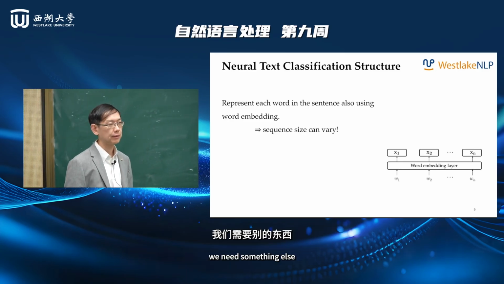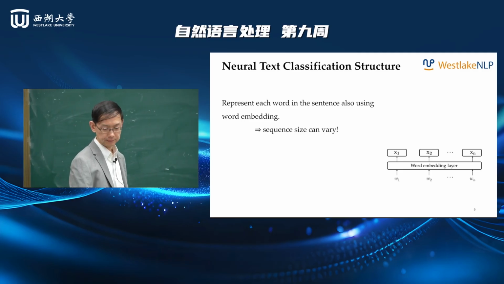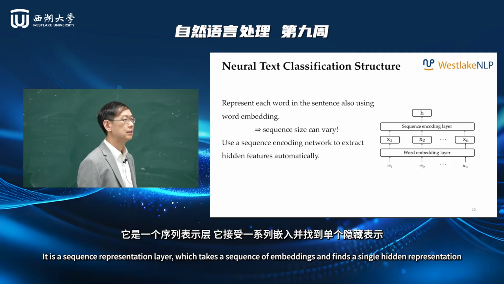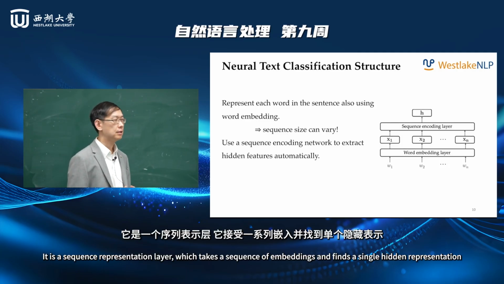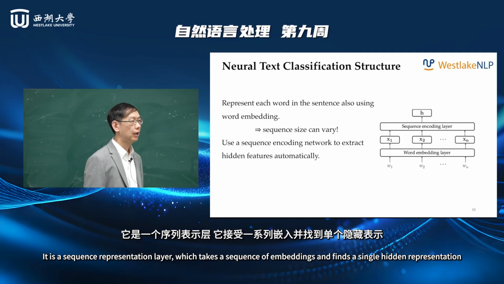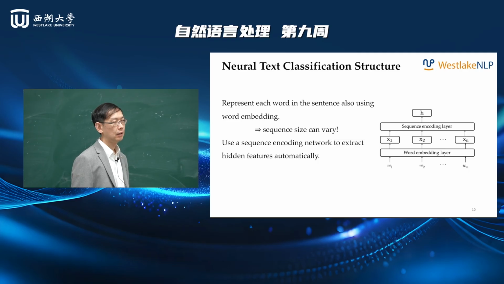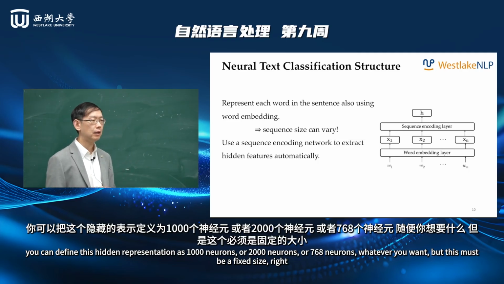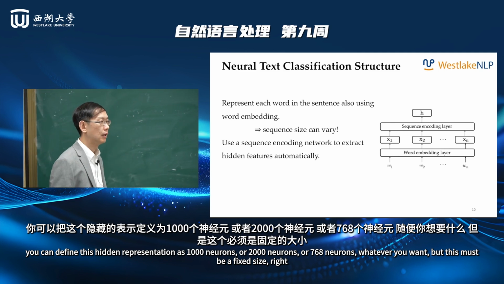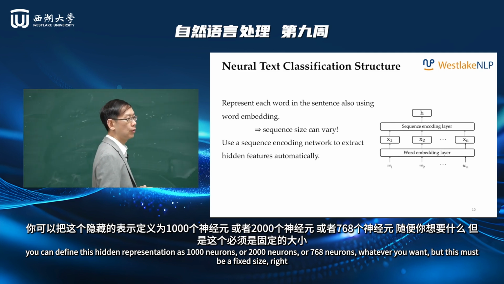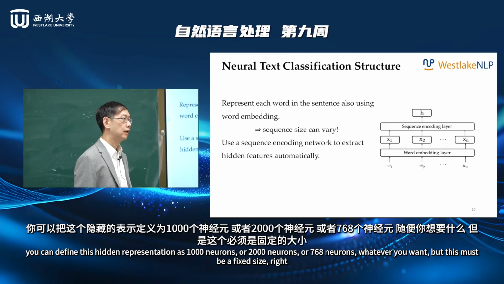So we need something else. What is this something else? It is a sequence representation layer which takes a sequence of embeddings and finds a single hidden representation. You can define this hidden representation as 1,000 neurons, or 2,000 neurons, or 768 neurons, whatever you want.